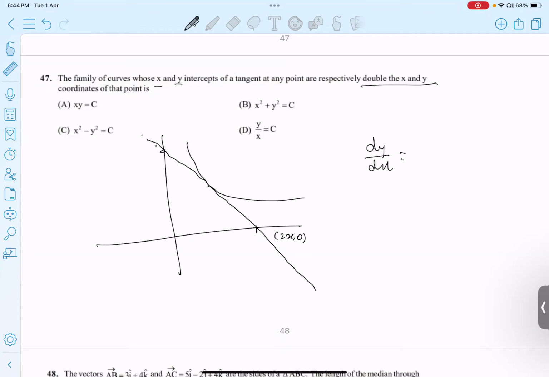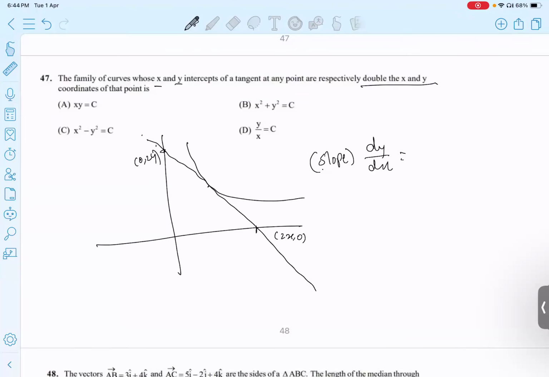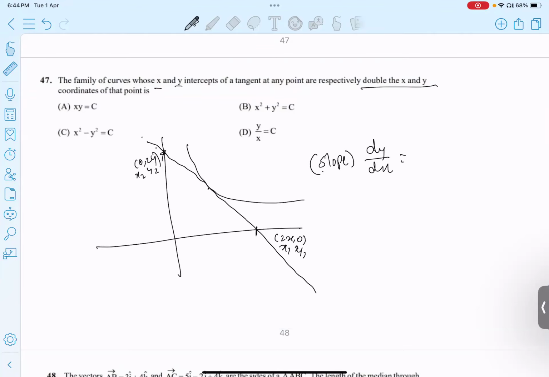The slope of a tangent is nothing but dy by dx. How to find this? y2 minus y1 by x2 minus x1. Since there are 2 points on the line, I can call this x1, y1 and this x2, y2.